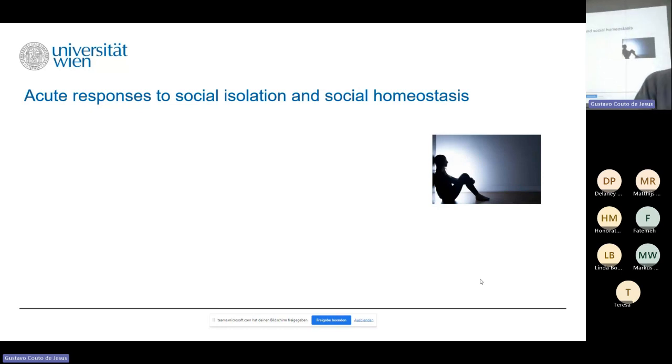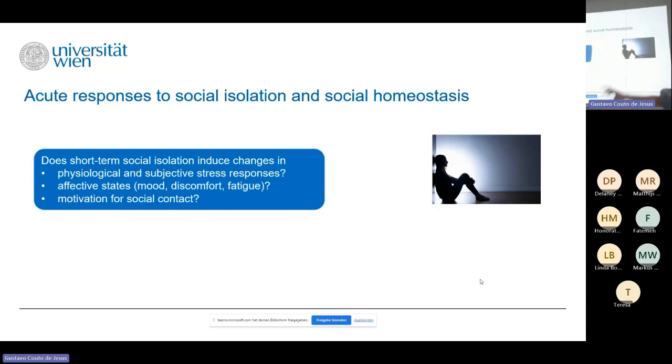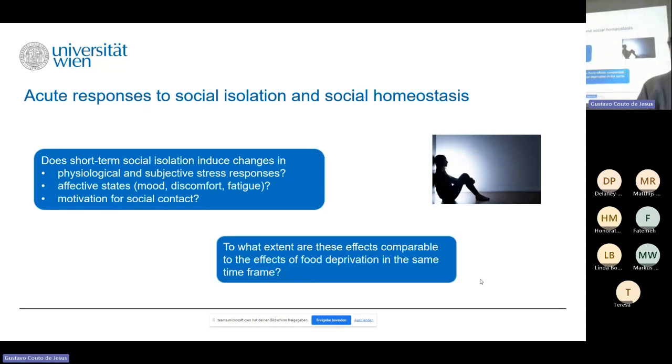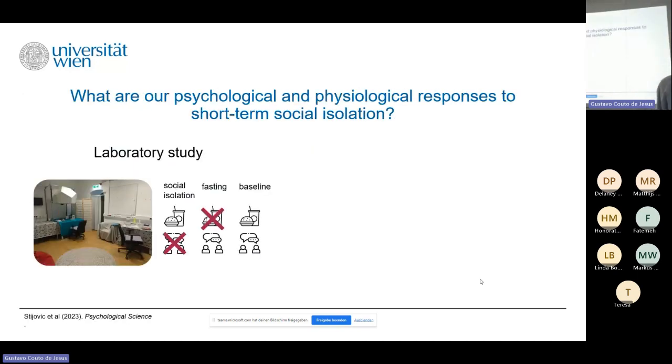So basically, we look specifically at physiological and subjective stress responses and affective state. We want to see over time what is changing and how it is similar to another homeostatic state imbalance.